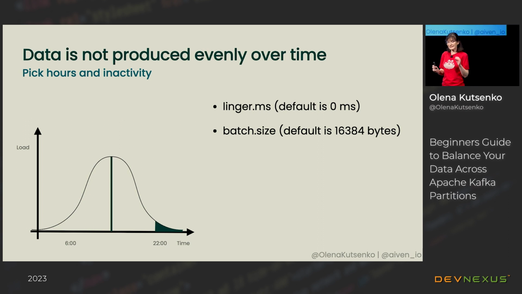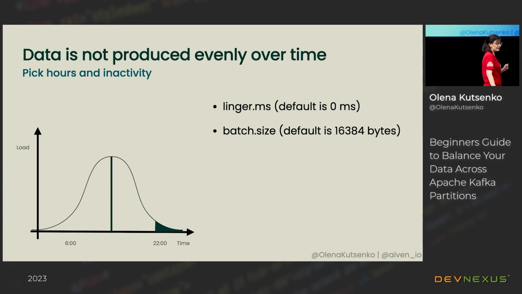However, it has a tiny risk which can result in a huge partition. Some people, with the innocent purpose to accommodate all possible scenarios, will set the batch size really, really high. Yeah, during the day it will work, and during the night, linger.ms will save us. But then what happens?